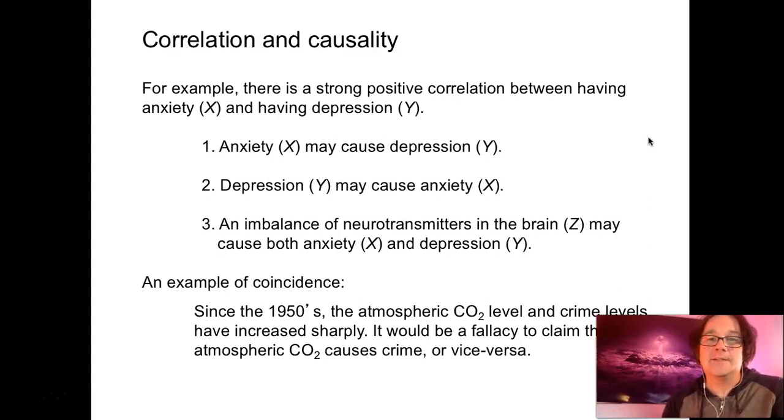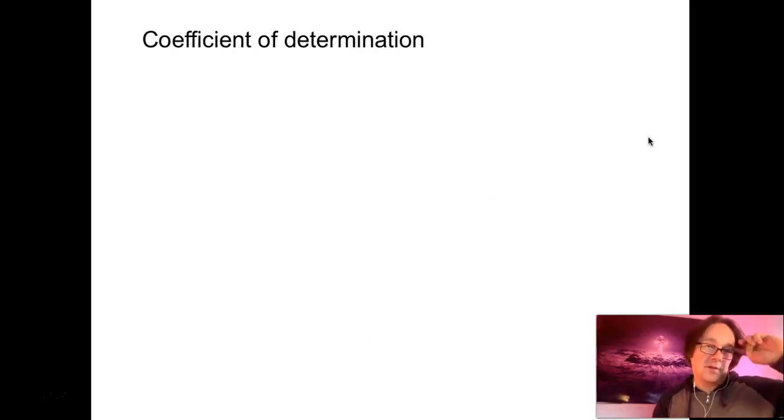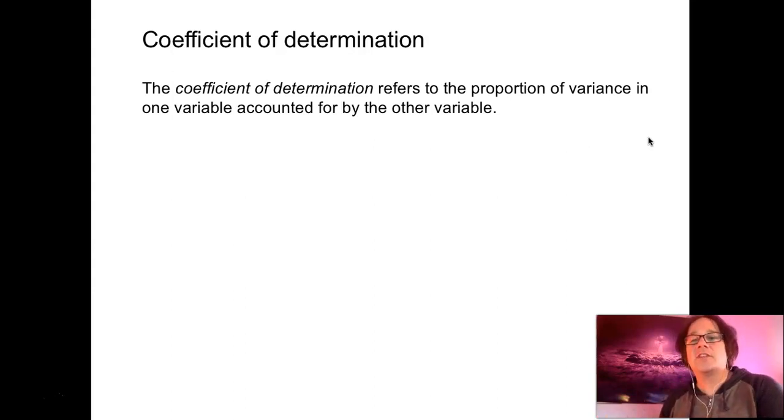It's just coincidence. One thing that we should talk about before I open up SPSS and show you how to run a correlation is this notion of the coefficient of determination. It allows us to calculate the proportion of variance in one variable that can be accounted for by the other variable.